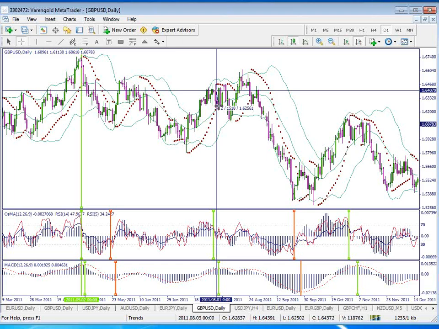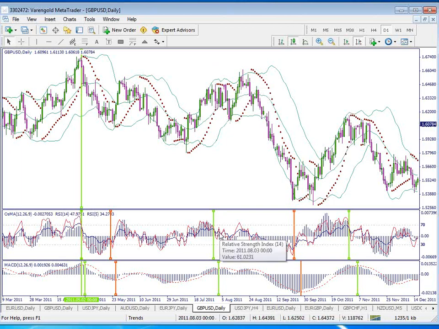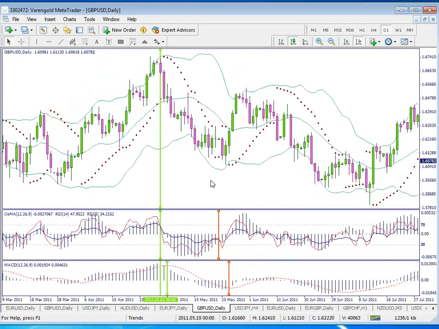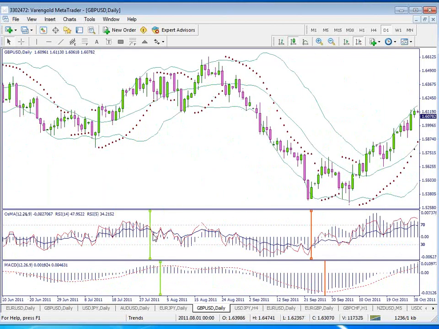Here, probably I will see after 1 or 2 days that the pair is going into the upside. So probably when I see that the RSI 5 is closing to RSI 14, I will close the trade.